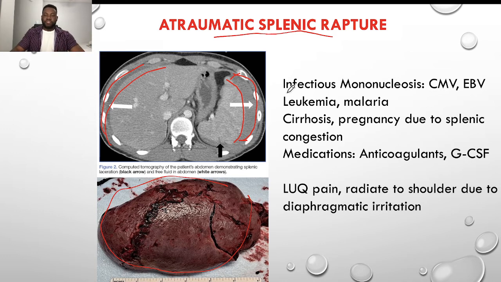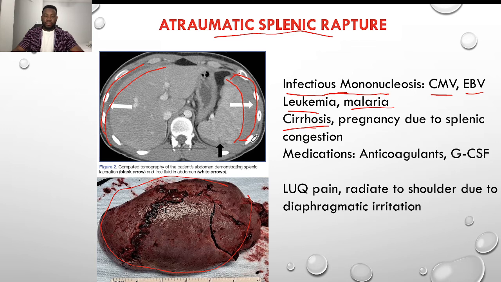So we have infectious mononucleosis. Usually it's post-infectious mononucleosis, so we advise them not to engage in any active sports after the infection for about 1 or 2 years. This infection is caused by CMV or EBV. Also a patient with a history of leukemia, malaria, or cirrhosis.